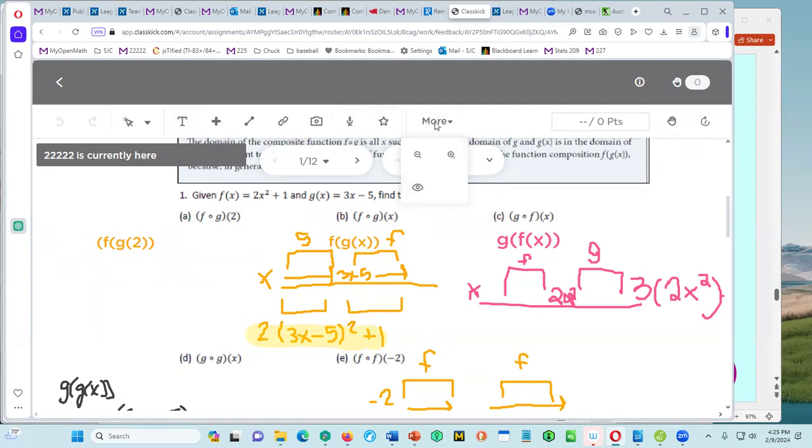Did I do it wrong? Okay, well, it's 2x squared plus 1. That's f of x, right? So you left out the plus 1.